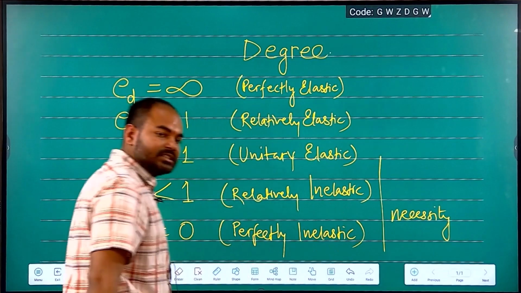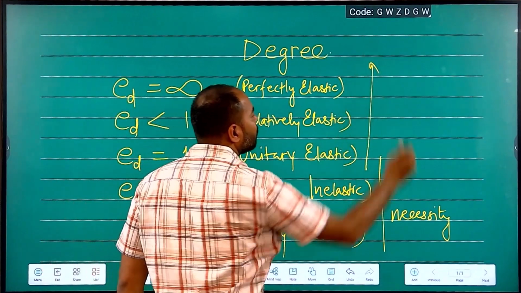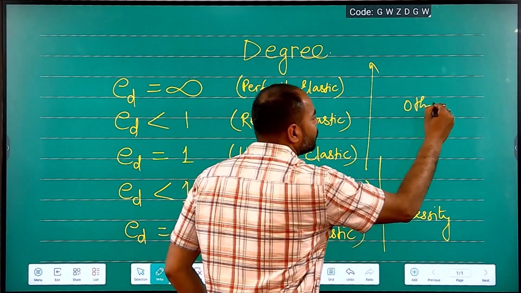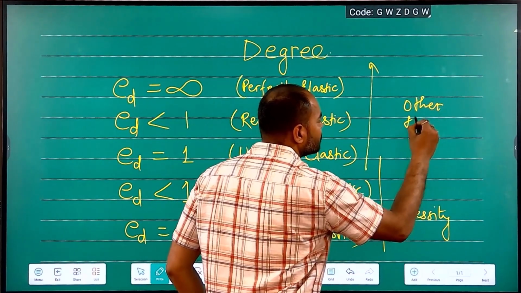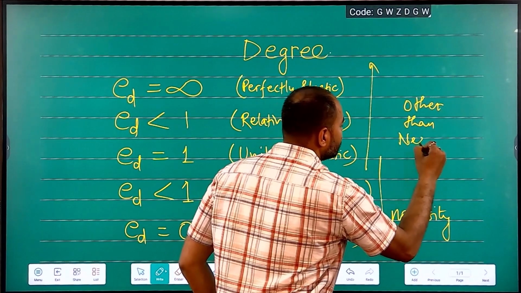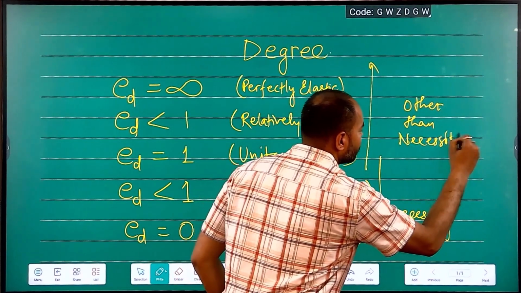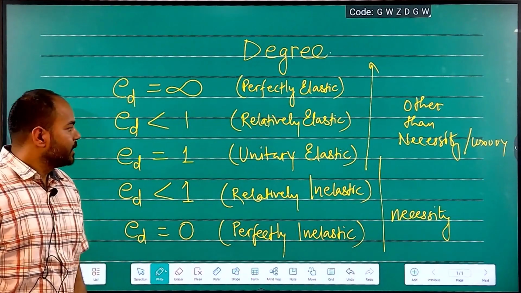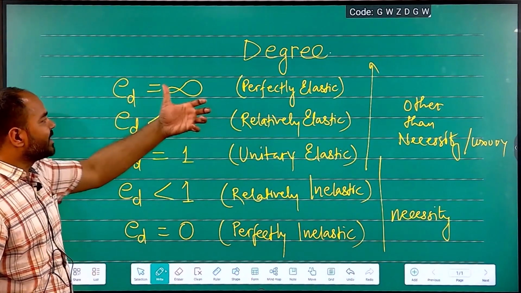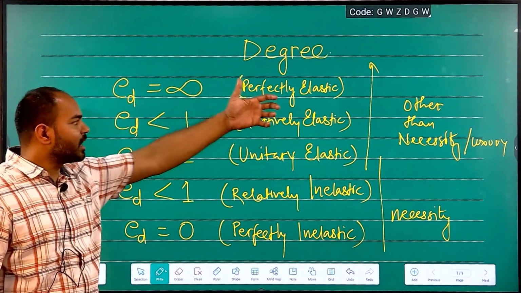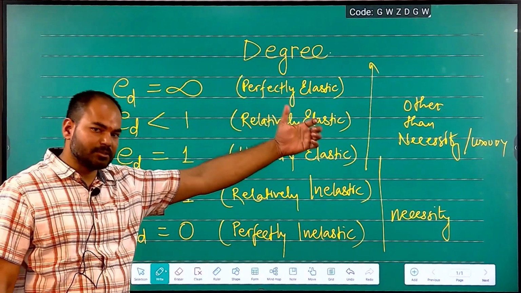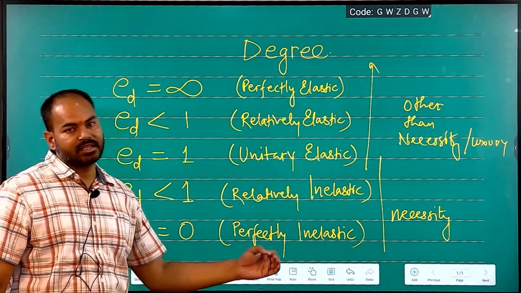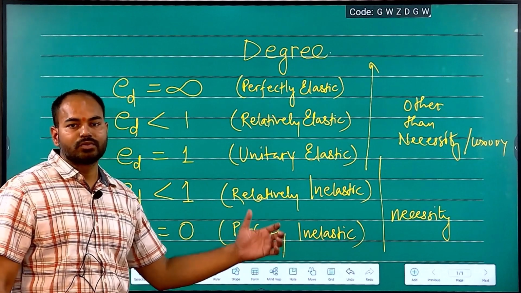If the elasticity is more than 1, we are dealing with goods other than necessity, for instance, luxury. So more elasticity shows that the demand is more responsive towards the change in price. The less elasticity shows that demand is least reactive, least responsive towards the change in price.